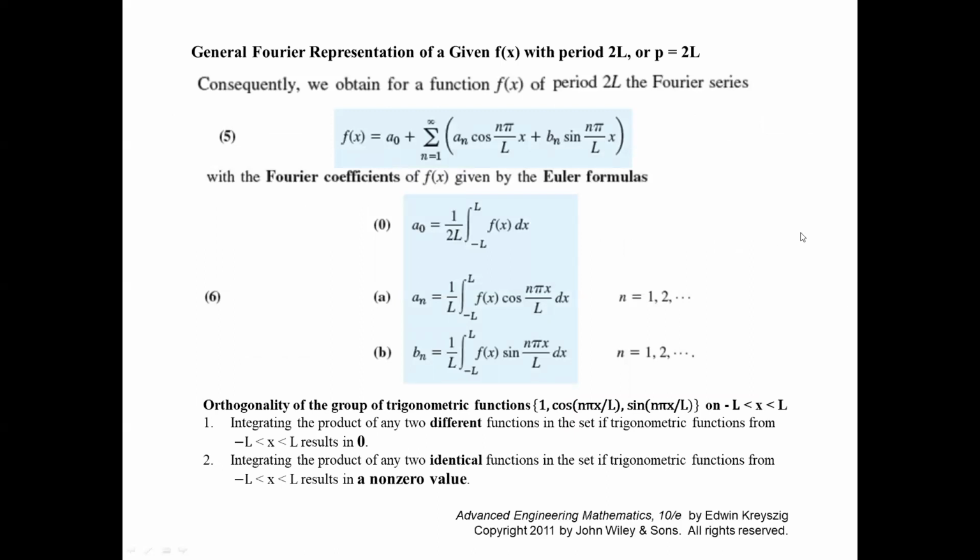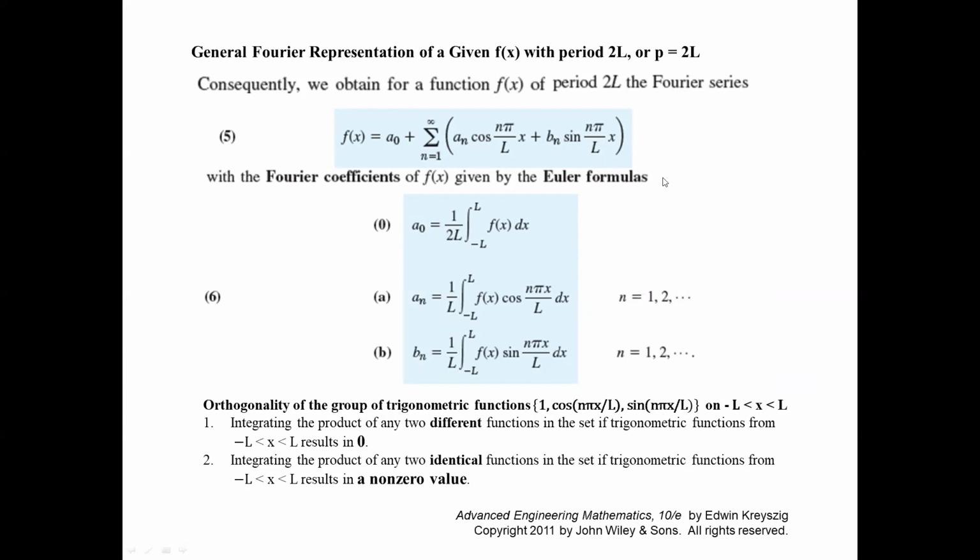When we extend the period from 2 pi to 2L, the Fourier series representation can be written in this way. The Fourier functions can be written in this way.